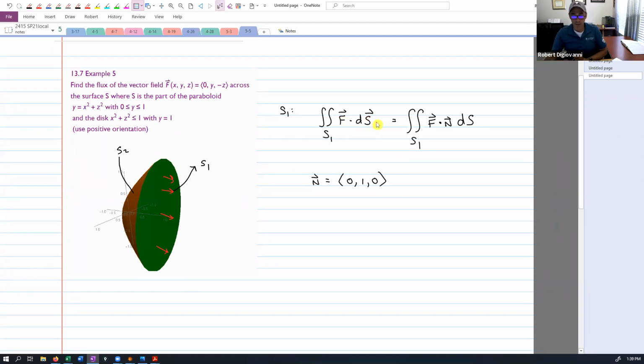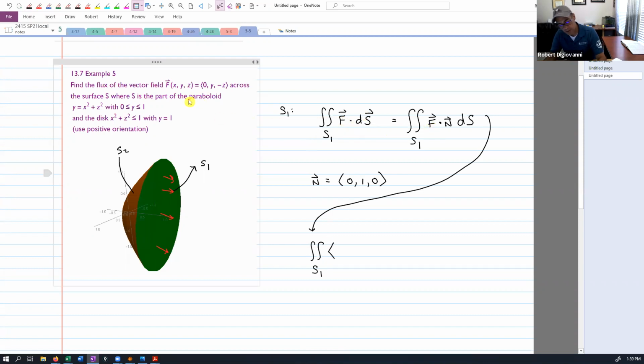So if I take my vector field, I'm going to continue this now. Double integral over S1 of my vector field. Now my vector field is 0, y, negative z.